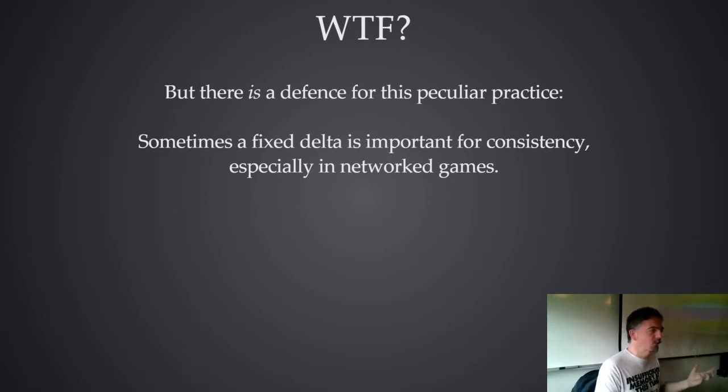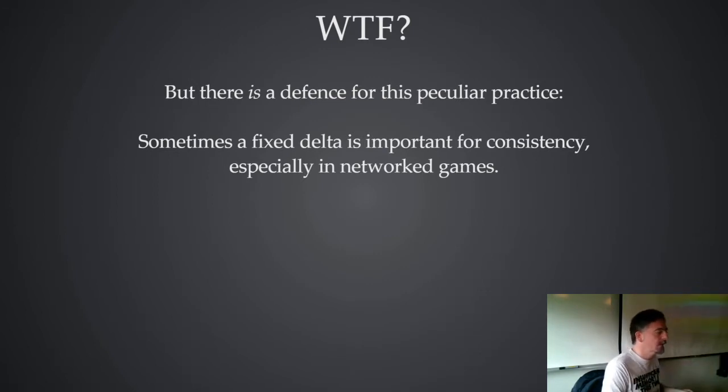But in real world stuff where it's always some actual value, if you simulate a 60th of a second and another 60th of a second, the end result is not the same as if you'd simulated a 30th of a second, just because the numbers end up being slightly different.